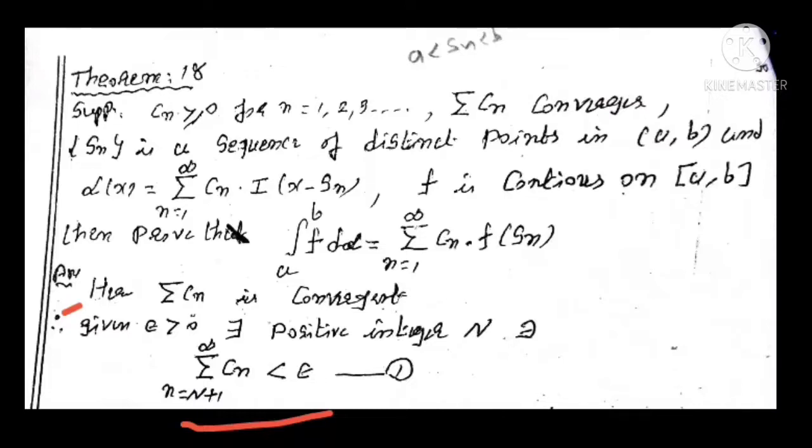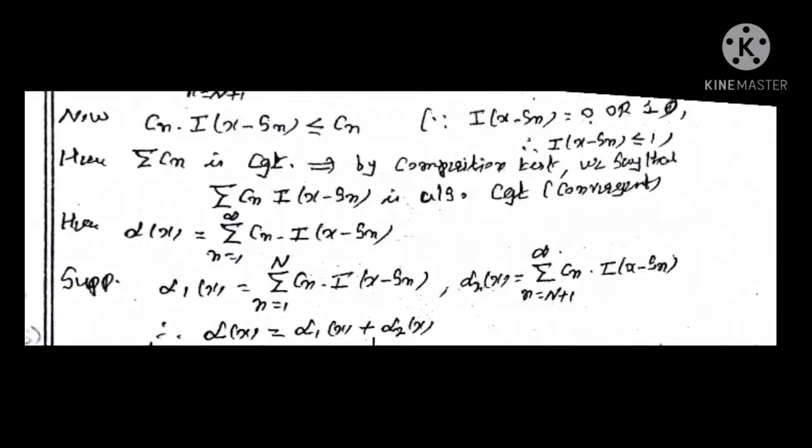Now Cn into I(x minus Sn) is less than or equal to Cn because I(x minus Sn) is equal to 0 or 1.